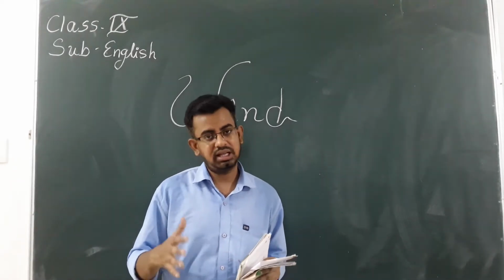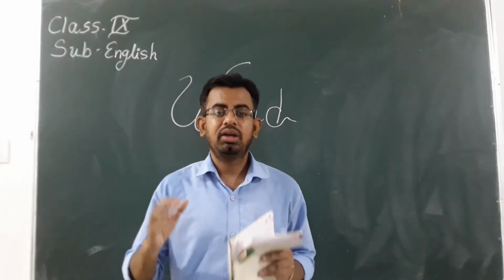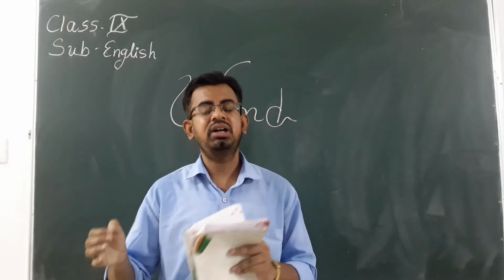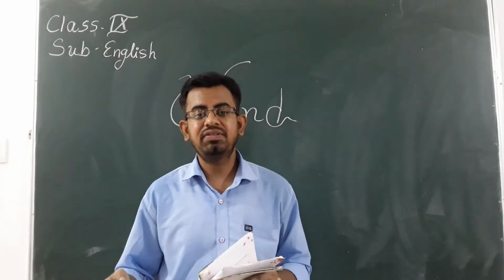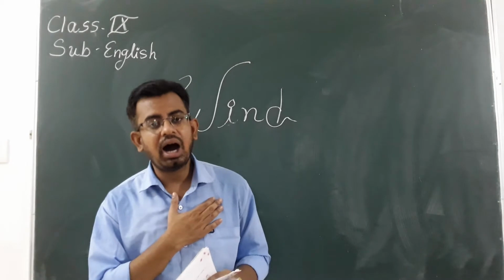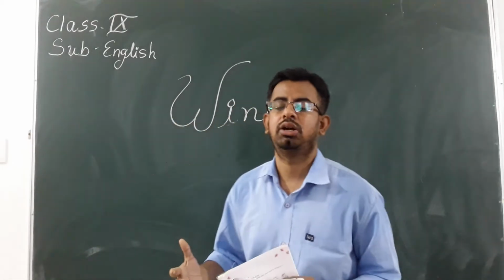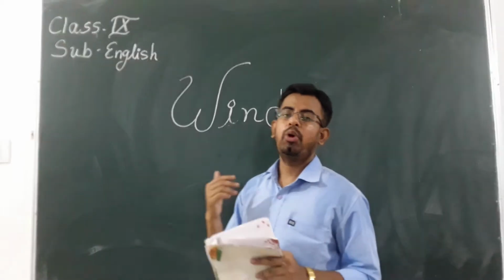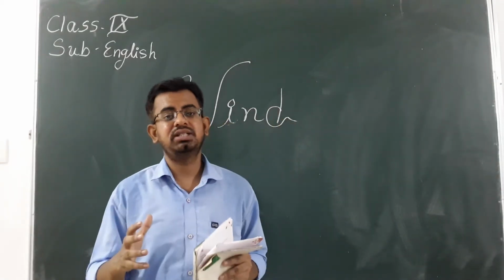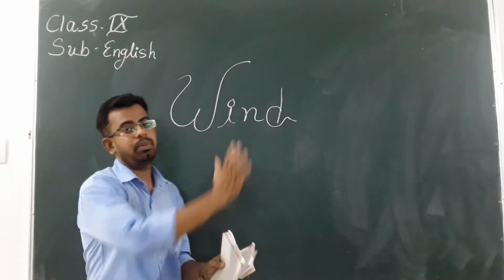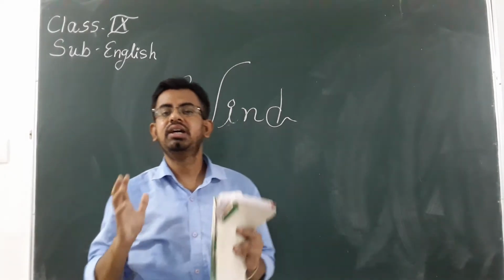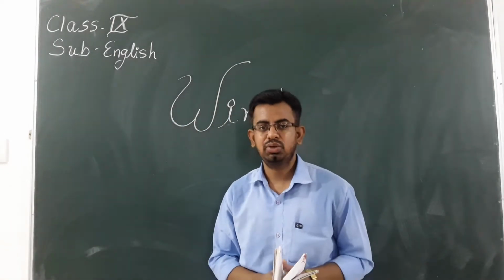Everything starts shaking, whether it's the rafter, house, lives, and even our heart. So the poet is describing the destructive nature of wind, highlighting the damage caused by the wind when it enters. Clear, students?